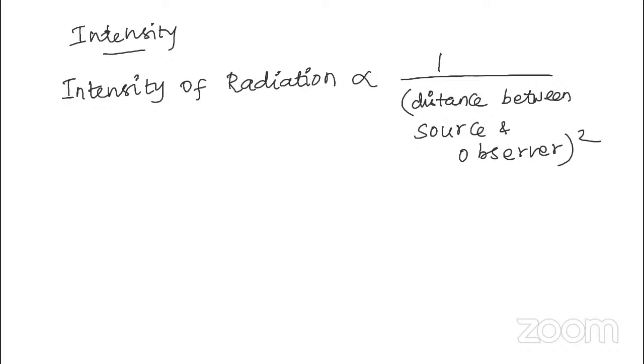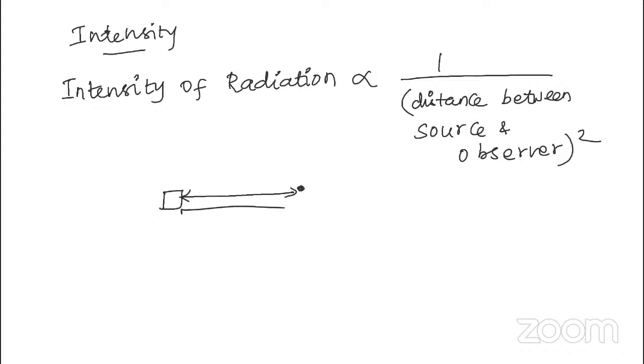So light intensity or radiations. So this is our source, and here we have one spot. Okay. So the distance between this one is minimum, we can clearly view.